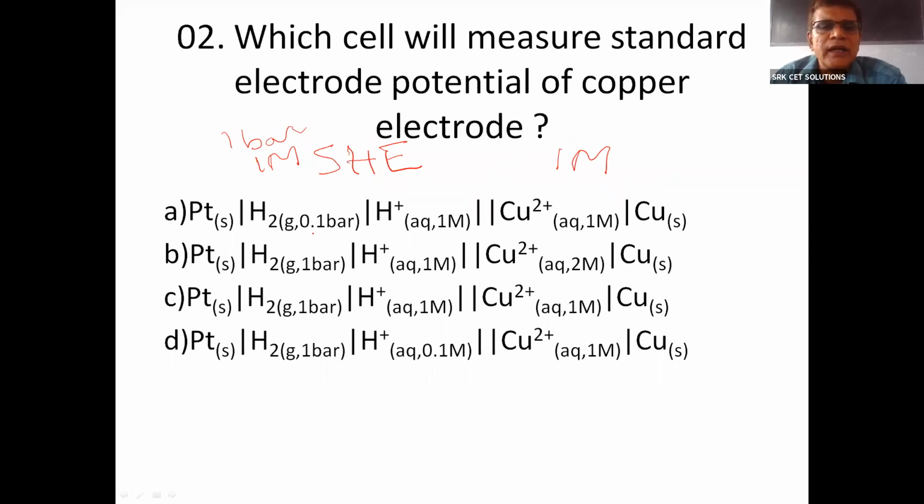So look at the conditions. Here the pressure is not 1 bar. Here the concentration is not 1 molar. Here it is 1 bar, 1 molar, 1 molar. Here it is not 1 molar. So the option we guess is C. Let us see the answer.